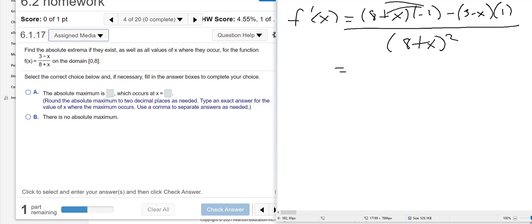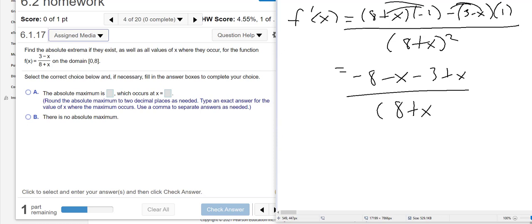Distributing this backwards, minus 8 minus x, and this one forward, minus 3 plus x. The x's will add to 0, so I have a negative 11 over an 8 plus x quantity squared.